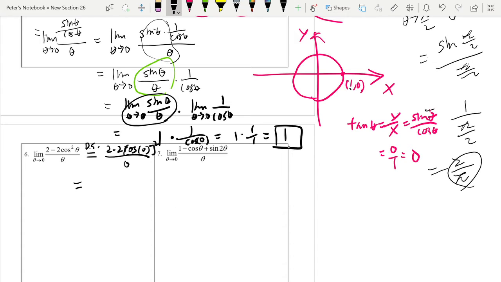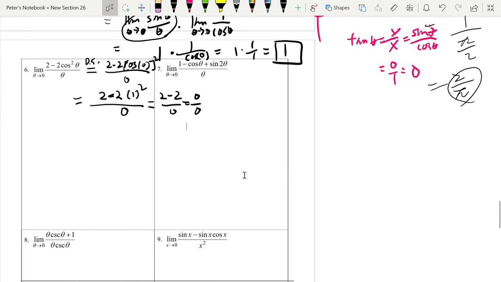We need to look at the unit circle again, and you have a 1, 0, so that'll be 1. So you have 2 minus 2 times 1 squared over 0, which gives you 2 minus 2 over 0, which gives you 0 over 0. Another case where it's undefined at theta equals 0. So direct substitution doesn't work, which means we'll probably have to simplify it.